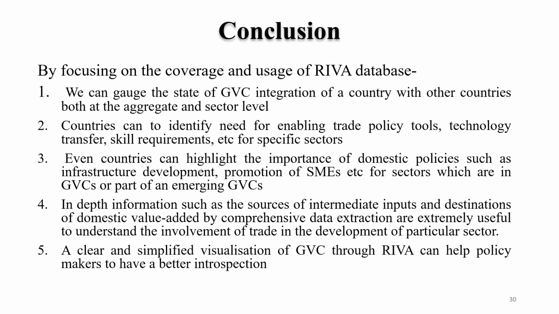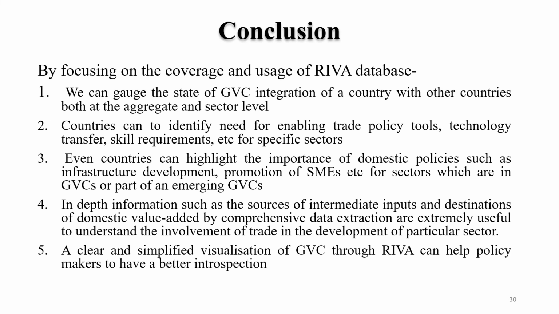The RIVA database provides us a tool by which we can gauge the state of GVC integration of a country with other countries, both at the aggregate level and at the sector level. This information can help countries identify the need for enabling trade policy tools, technology transfer, and skill requirements for specific sectors.